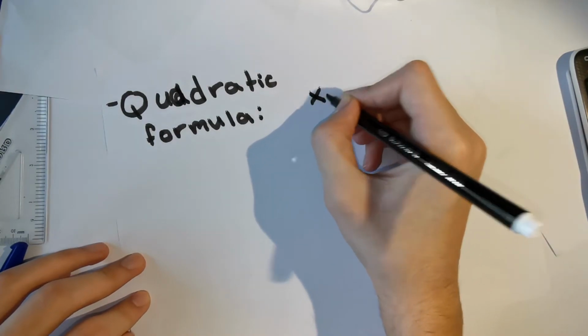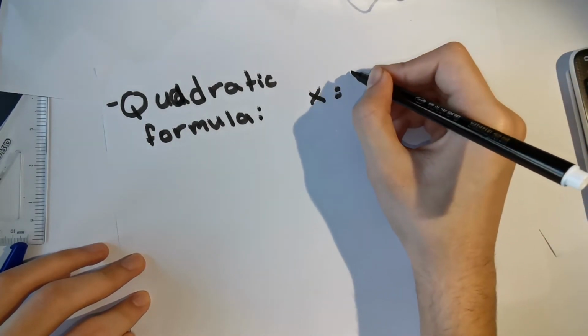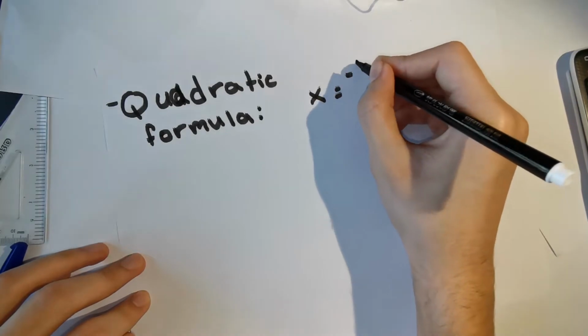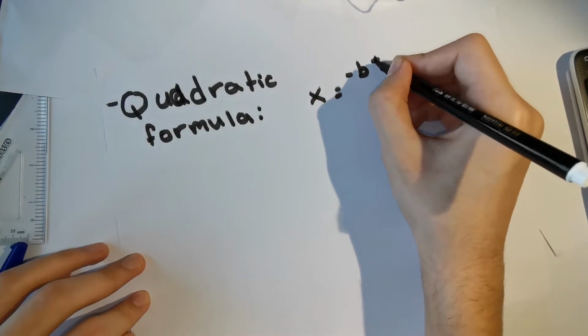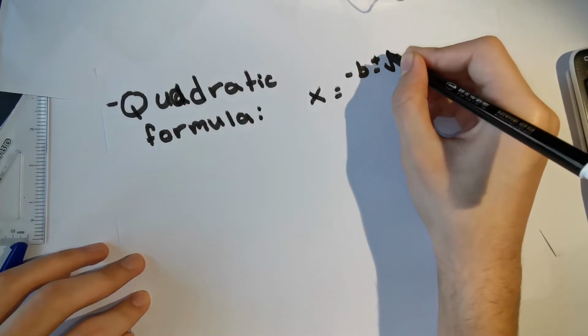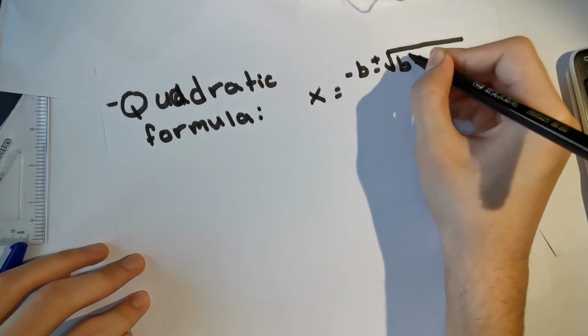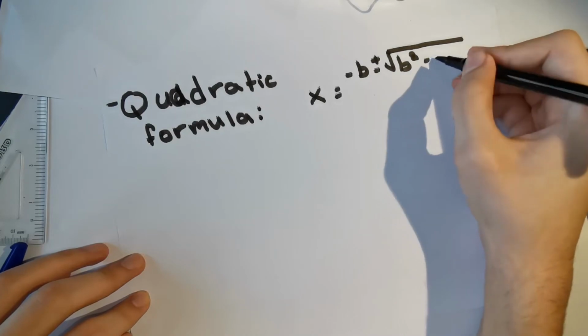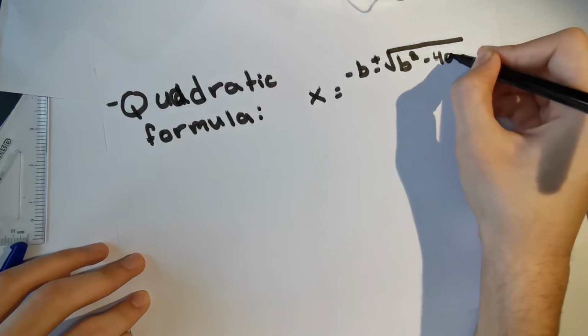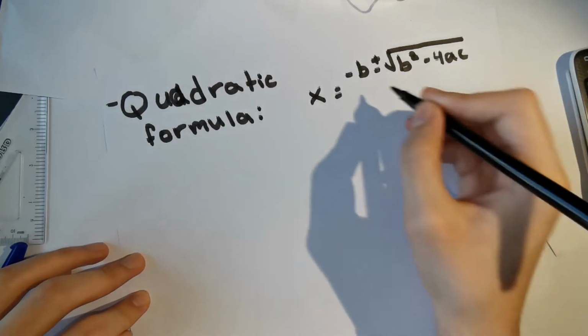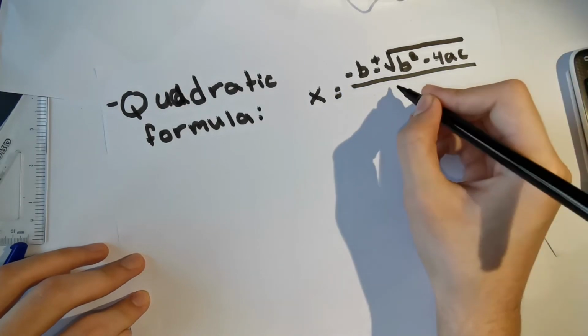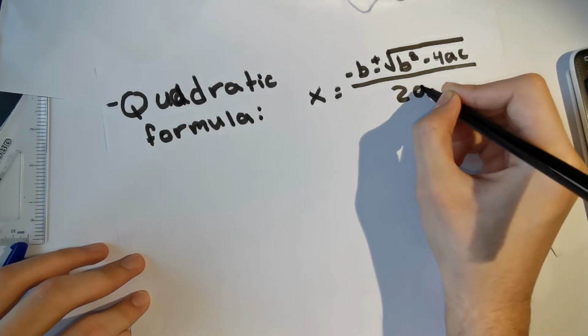So this is the easiest way, it's only a formula that you can apply anywhere. So x equals negative b plus or minus the square root of b squared minus 4ac, over 2a.